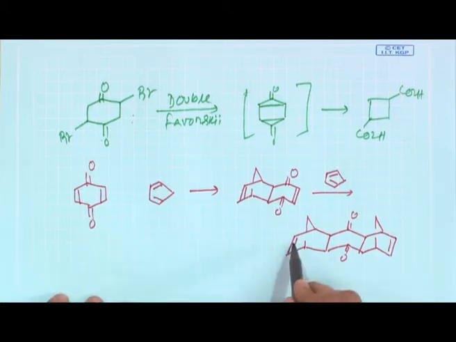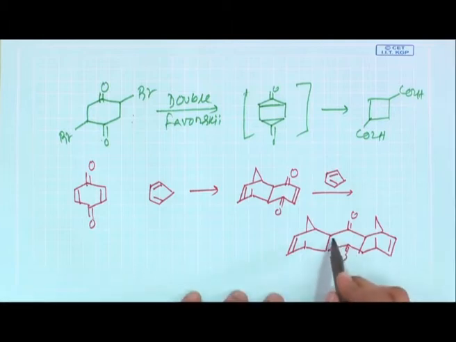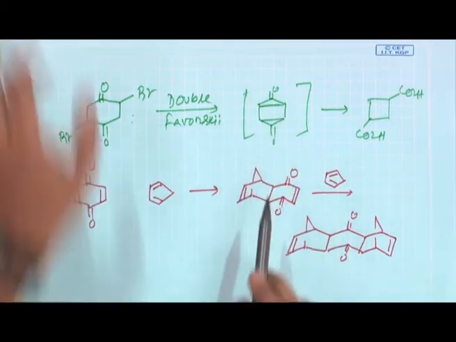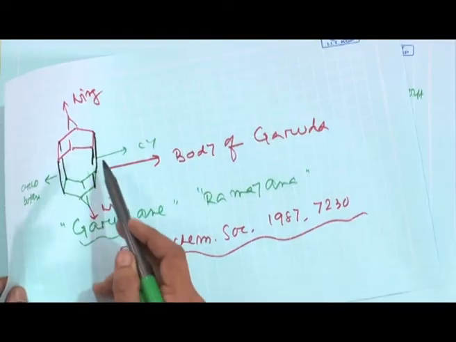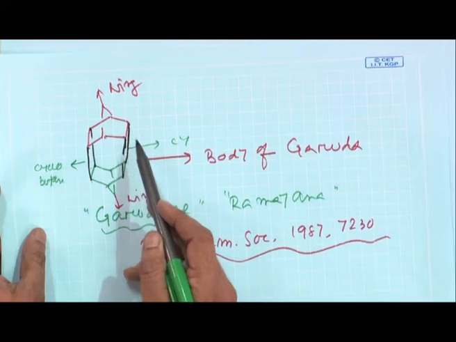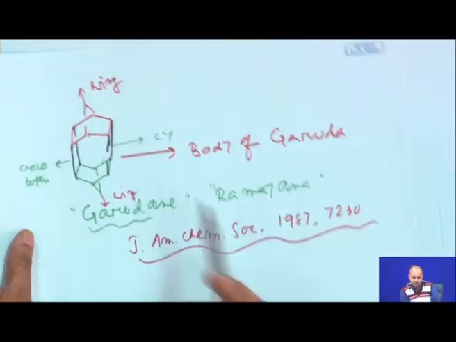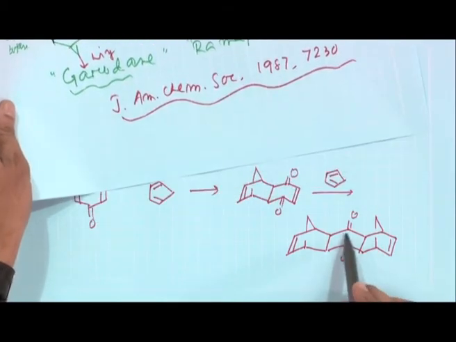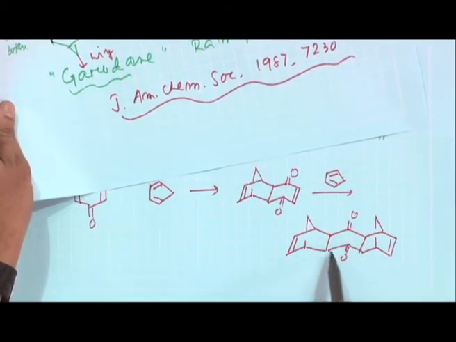Okay. Now, the approach was absolutely interesting. He proposed that the central cyclohexane ring is your main ring, which you can think of in terms of the Favorsky reaction, because this cyclobutane ring you can think of as arising from this particular cyclohexanone. Okay.